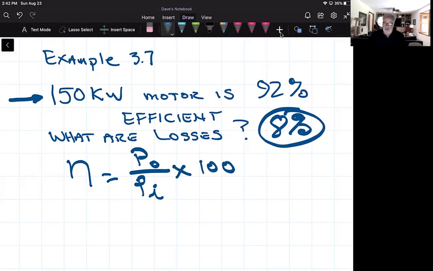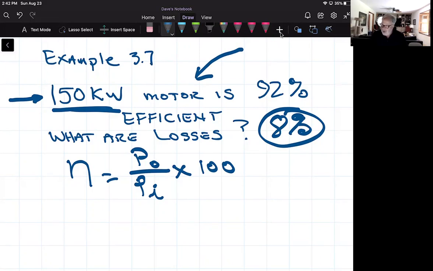Whenever a motor is described to you and it says it's 150 kilowatts, that is the output power of that motor. If that is on the nameplate of that motor, then that is the output available at the motor shaft to do work, as we described it earlier.